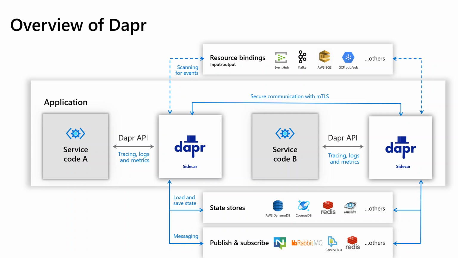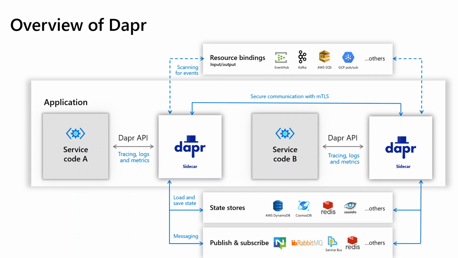And the application that we write will talk to Dapr over localhost using HTTP, for instance, to use Dapr functionality. So for example, if my service A has to save some state to, let's say, Redis, it will use HTTP calls to the Dapr sidecar to save the state or read the state from a Redis database.